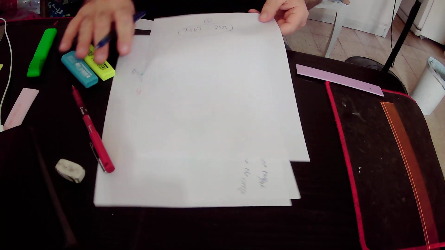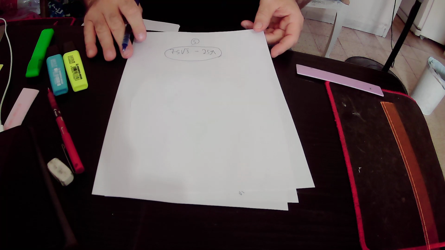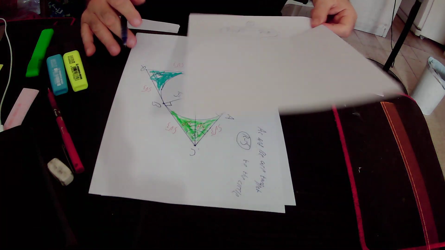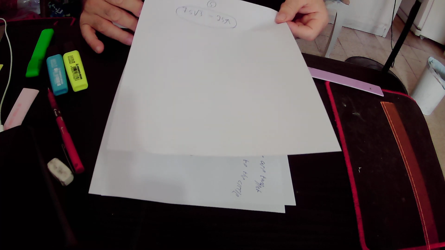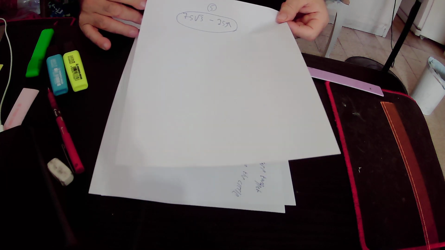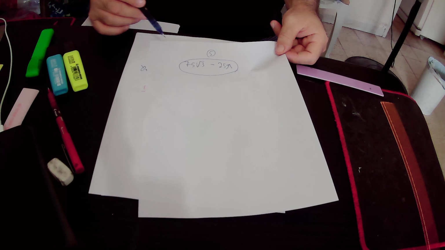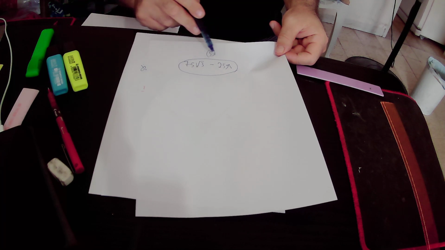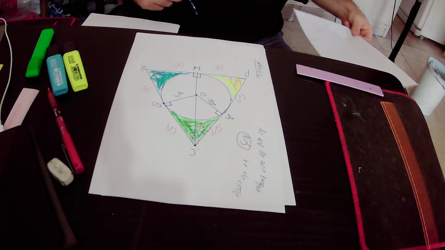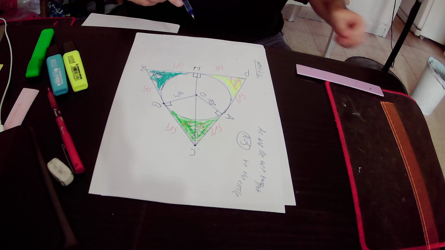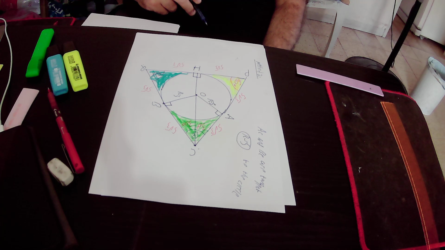So actually the area of the green shape plus the area of the blue shape plus the area of the yellow shape equals this expression, but we want to find out only the area of the green shape.